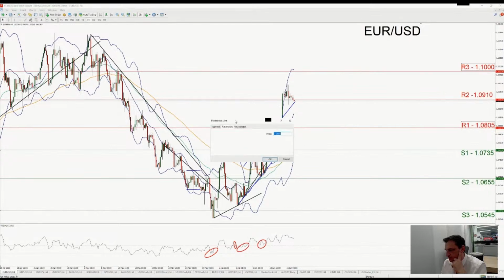Starting with the S3, which is being placed at 1.0655. The S2 at 1.0735. The S1 at 1.0805.